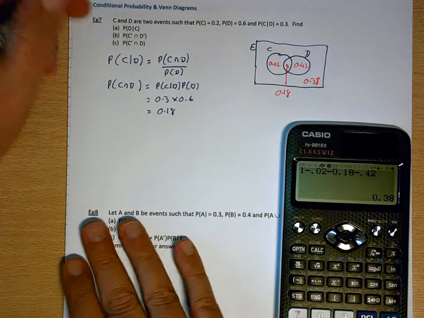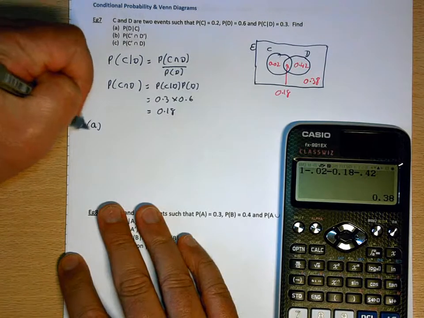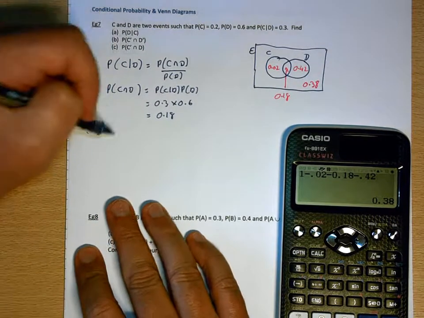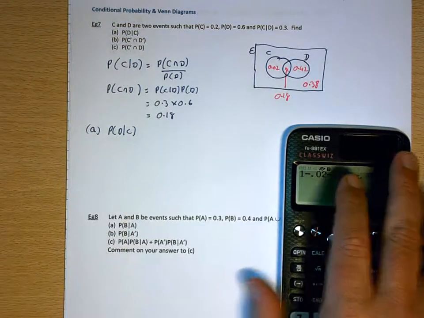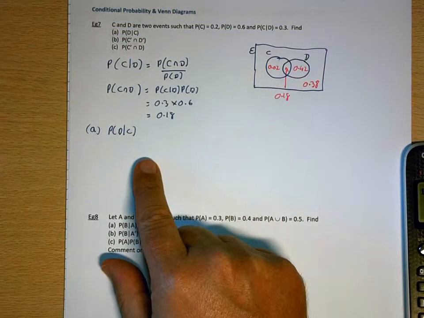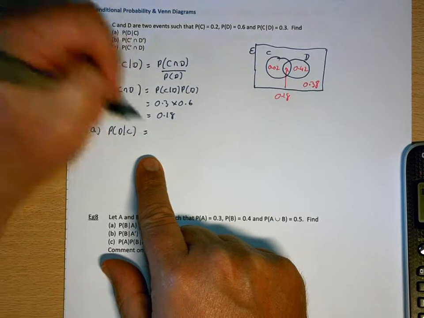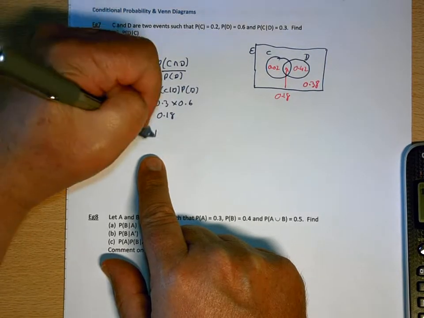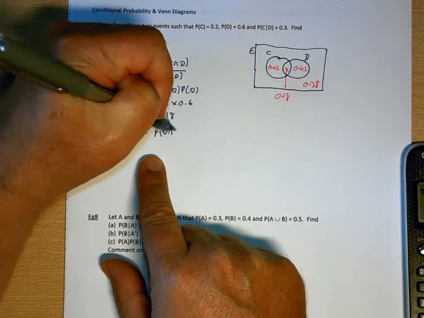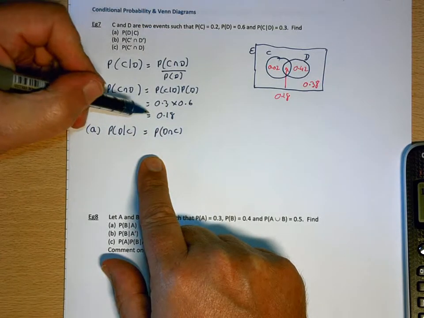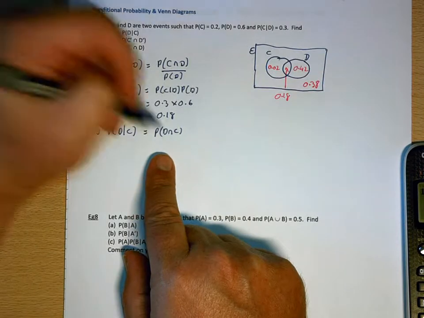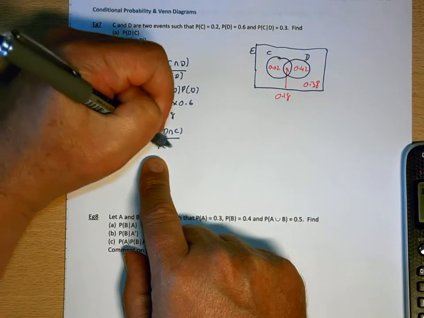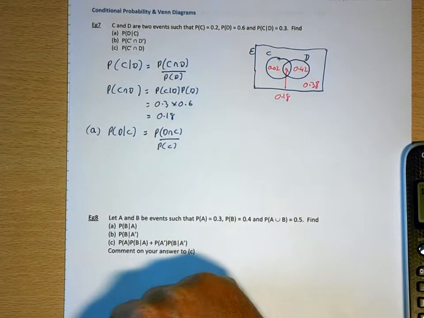Okay, so back to the questions. Part A: what's the probability of D occurring given that C has occurred? So what that means, looking at the rule, is the probability of D and C, which we've just worked out, D and C, C and D, doesn't make any difference to the order, divided by the probability of C, which we're also given.